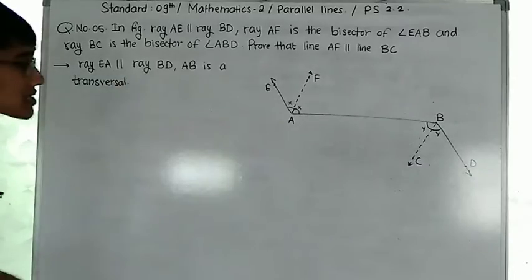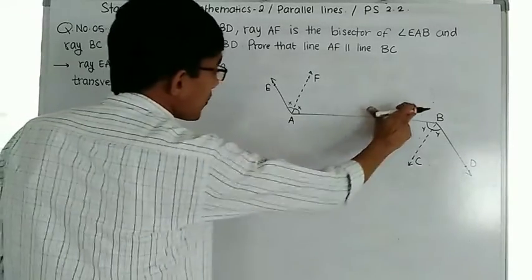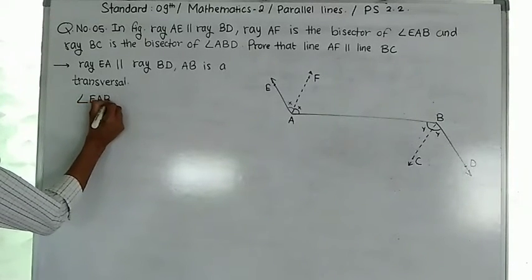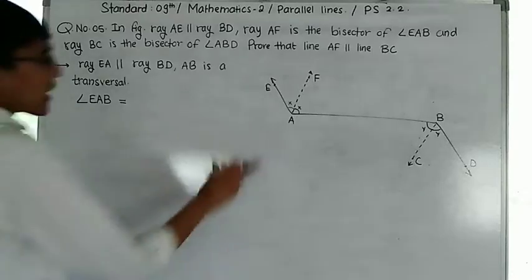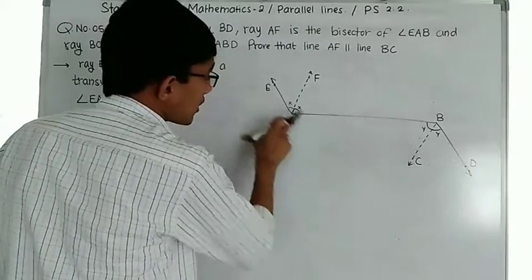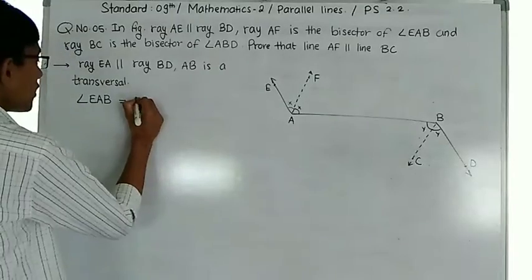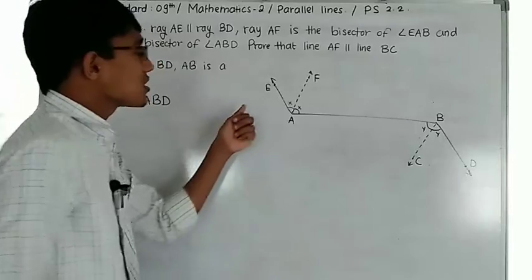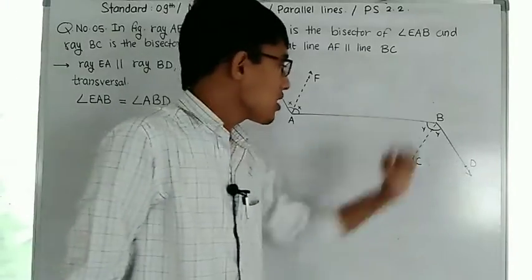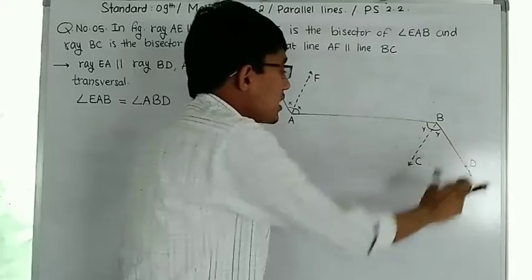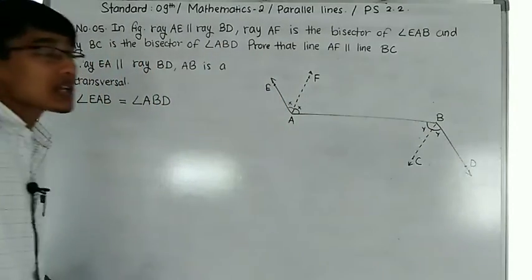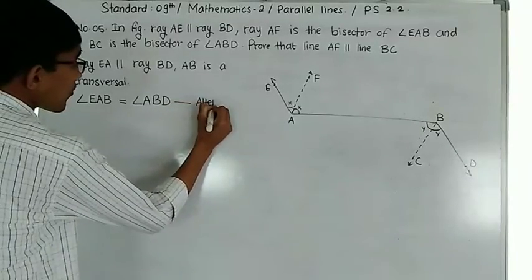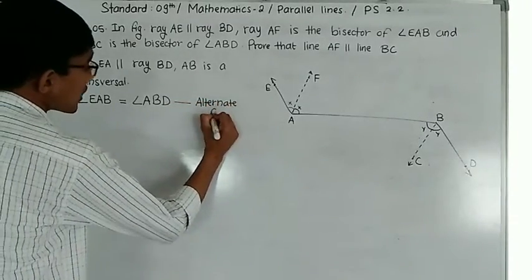So in that case, angle EAB is equal to angle ABD, as both the angles are alternate angles.